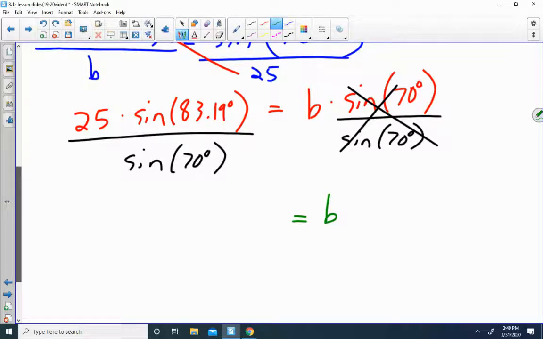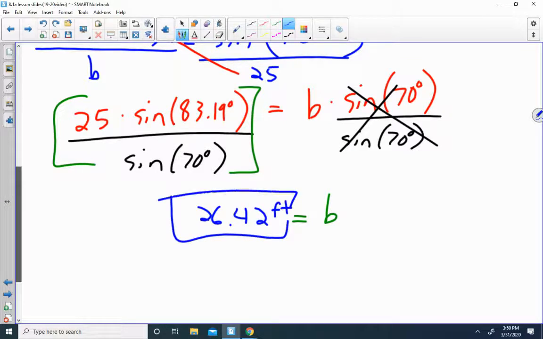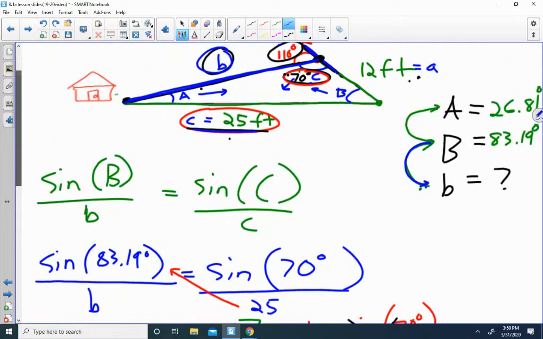So, solving for little b, you just got to do 25 times sine of 83.19 divided by sine of 70. Okay, type that in your calculator. I know you guys can do it. So 25 sine of 83.19, enter, and then you're going to divide that by sine of 70. And that is going to give you, for little b, rounding to 2 decimal places, 26.42 feet. And that is what we're looking for.